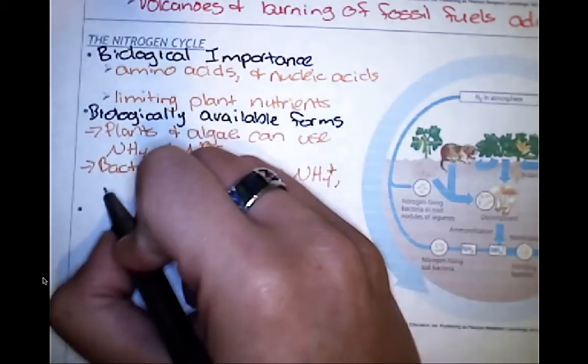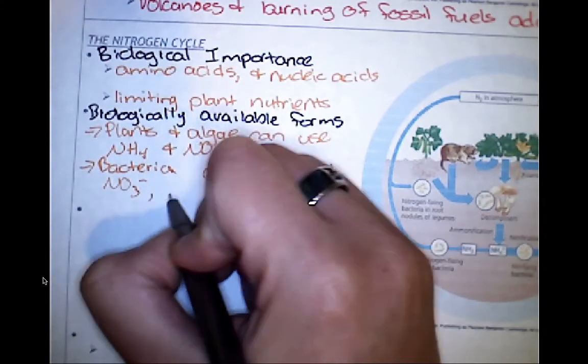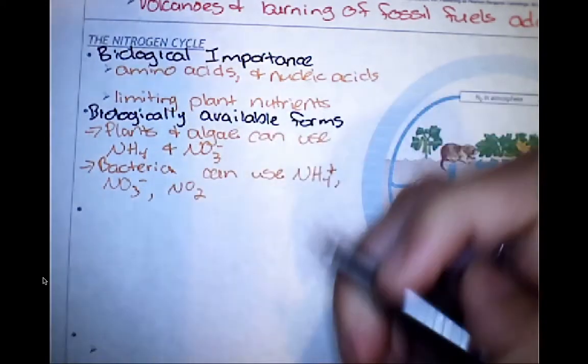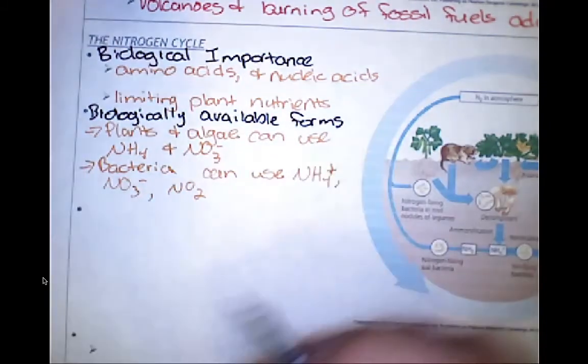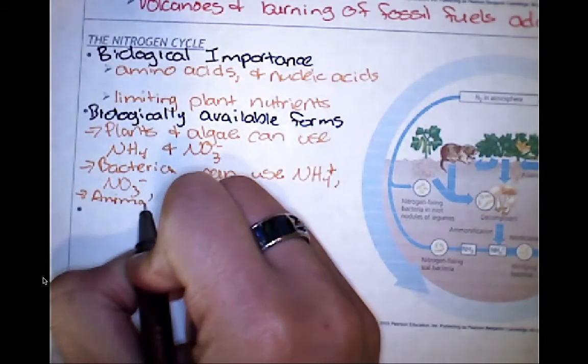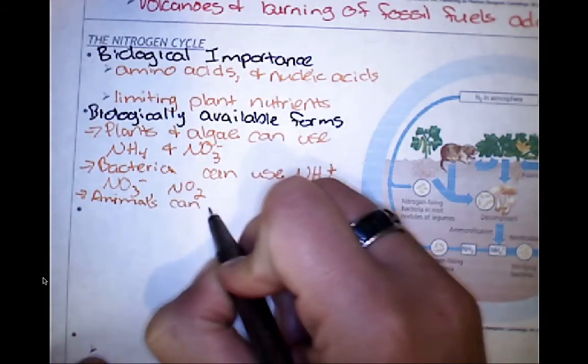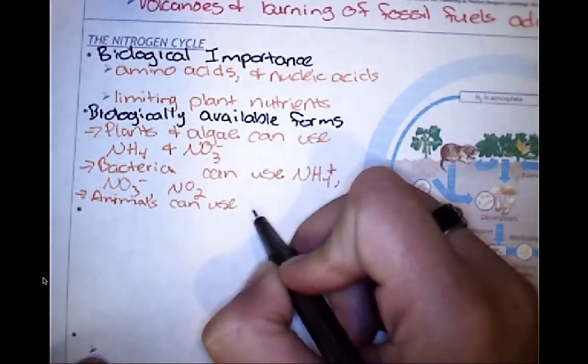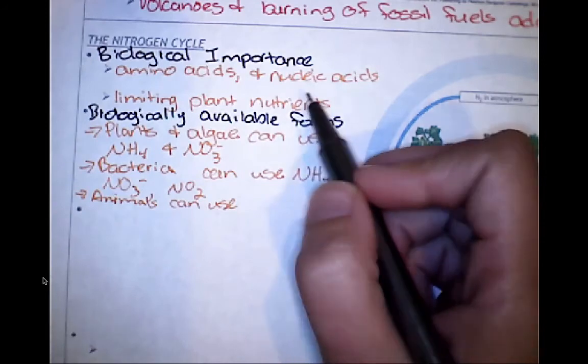They can use nitrate, and they can also use nitric oxide, okay? Animals can only use organic forms, so they can only use ones that are already incorporated as amino acids or nucleic acids.